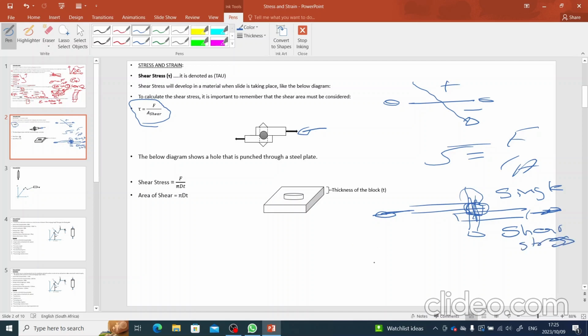Then let's say you are given the same metal plates, joined together by rivets. You have that rivet there, the pin.